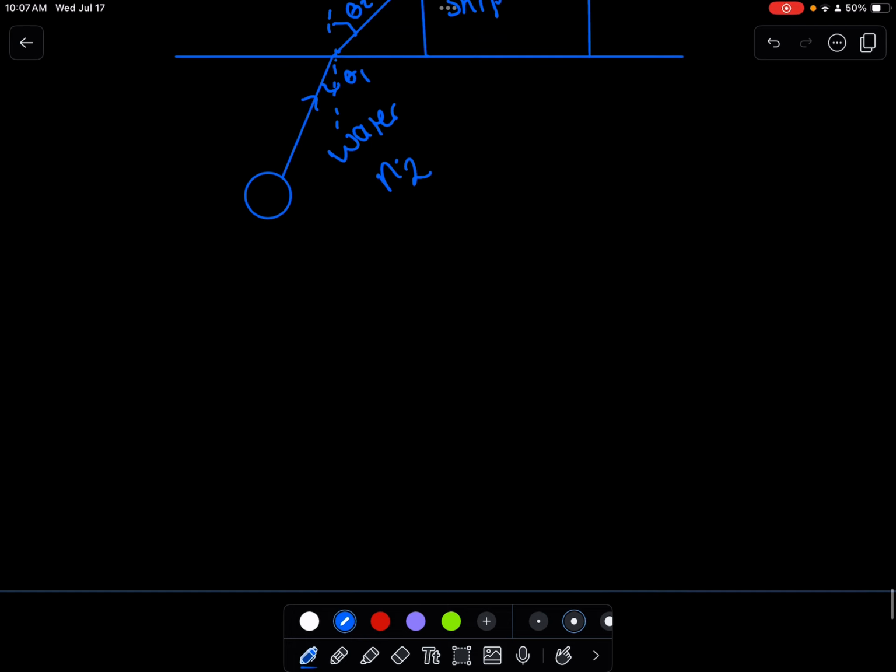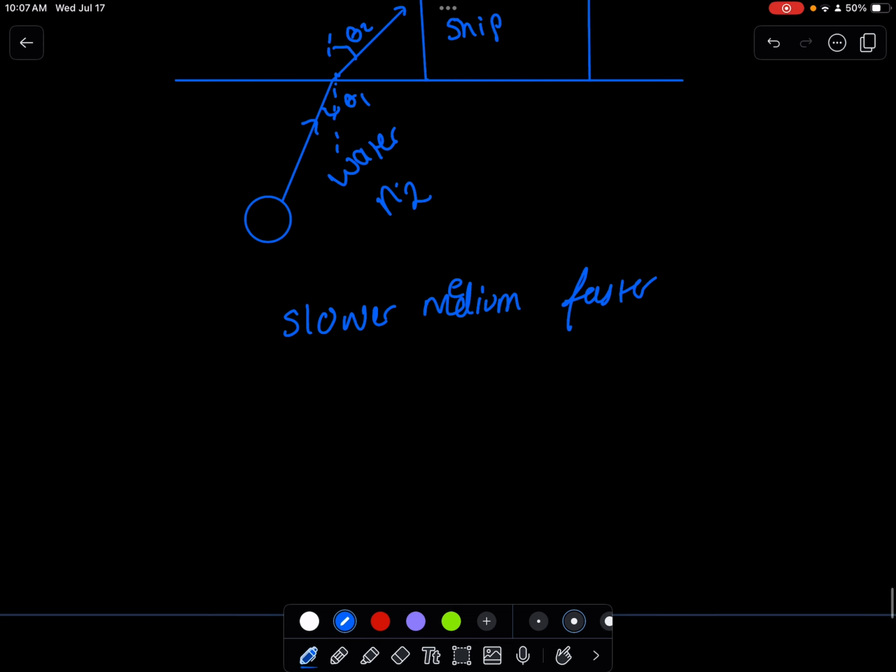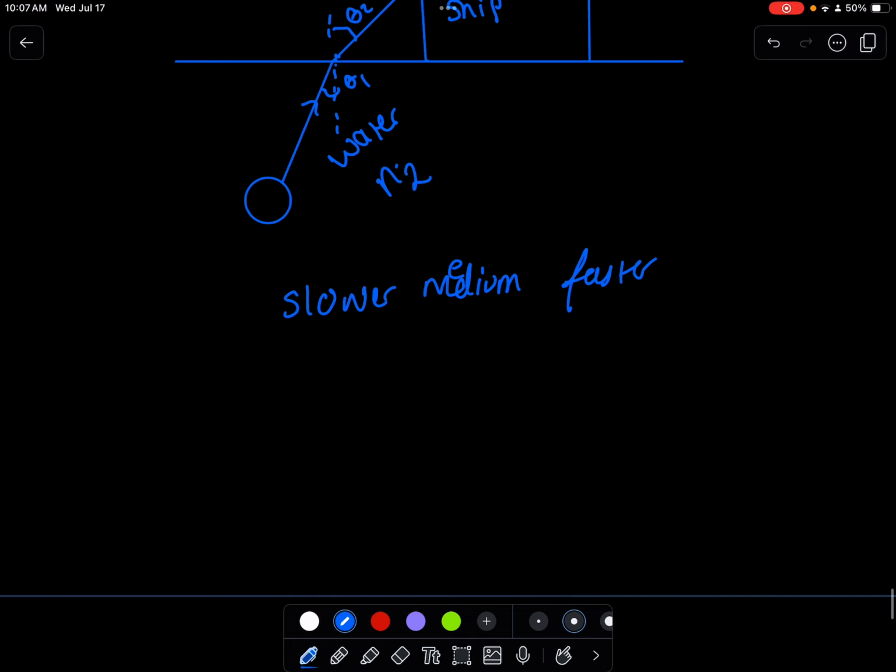So essentially, when light is going from a slower medium, talking about the velocity of light, to a faster medium, so it's going from glass to air, not air to glass, there comes a critical angle in which instead of refracting, the light will reflect.